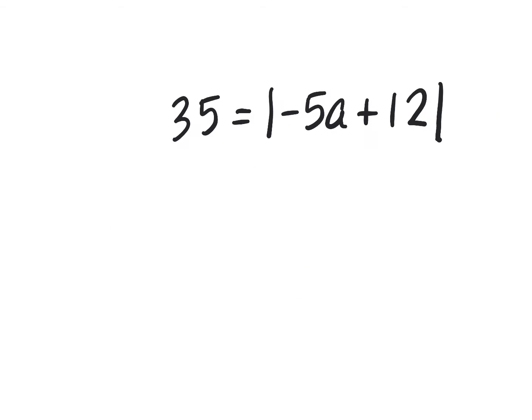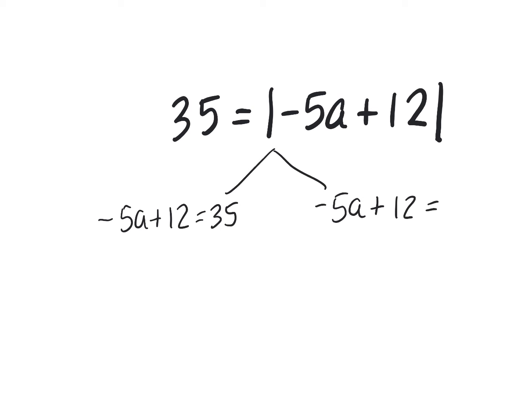Let's look at another one. 35 equals the absolute value of negative 5a plus 12. So this time, negative 5a plus 12 has to be 35, or negative 5a plus 12 could be negative 35. So we solve. This is a two-step equation. And you'll have negative 5a equals 23.